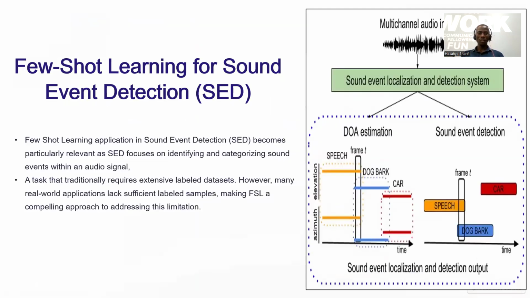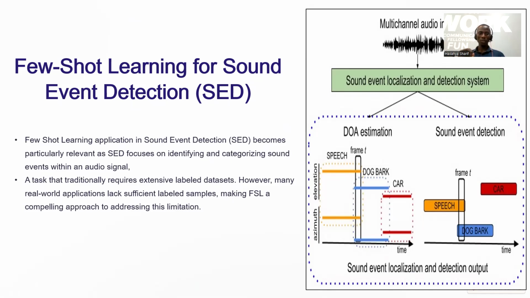And then when we talk about few-shot learning for sound event detection, remember for sound event detection, you are also picking out a few samples of the event or of the sound from the audio.